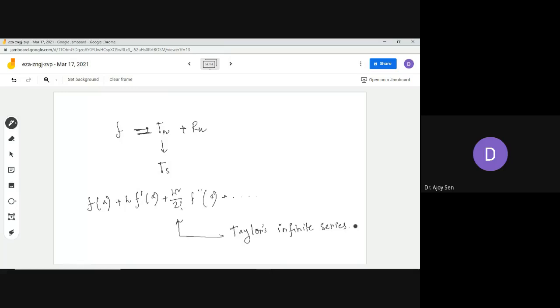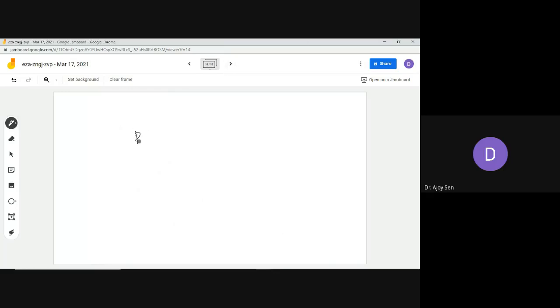series. So the question is, can we write any function equal to its Taylor's infinite series, or when can we write it? You can see clearly that this Rn is basically that function minus its Taylor polynomial.